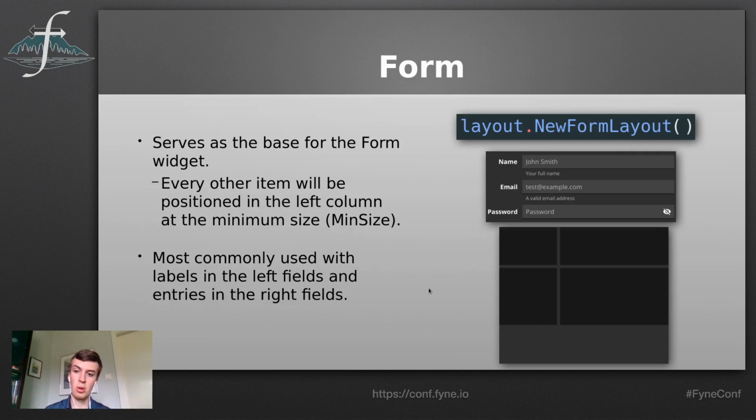And you'll most likely see it used with, for example, labels in the left side and entries in the right column, where the right column is expanded to take up all of the available space to the right. And of course the form widget also has some features, like Andrew talked about, that are not in the form layout.